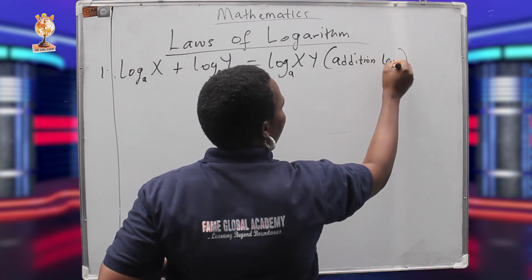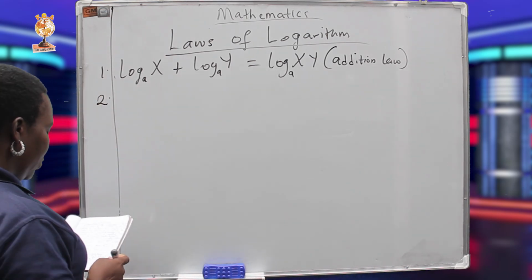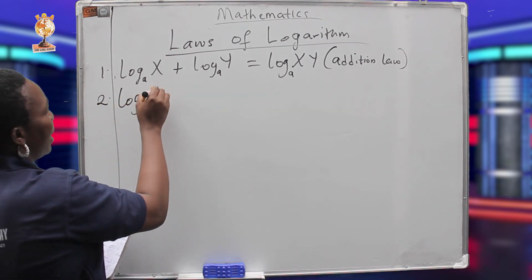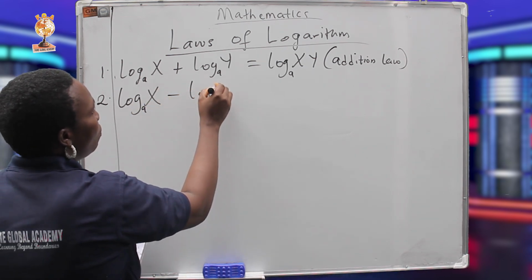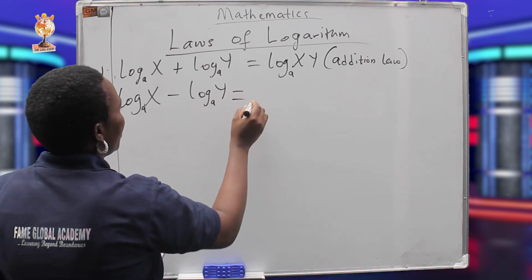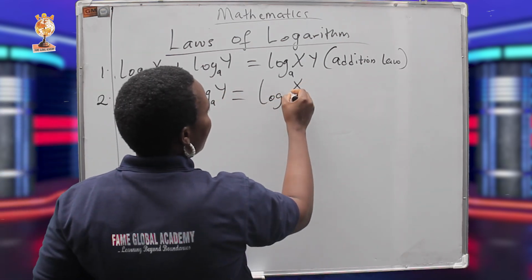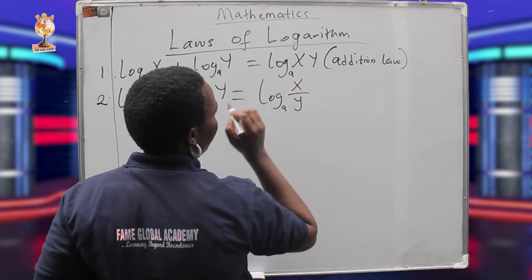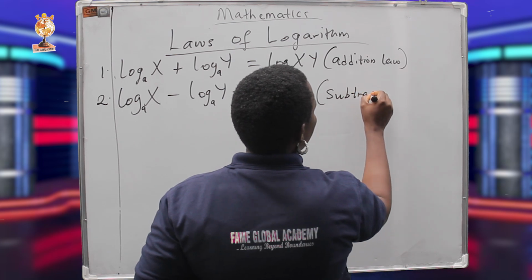Addition law. Okay? Now let's look at number two. Number two says if we have log x base a minus log y base a, this will give us log x over y base a. This is called the subtraction law.